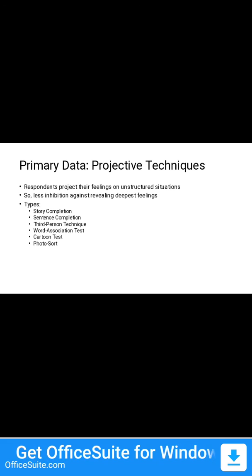The last one is called the photo sort, wherein if I want to find out how he feels after applying Dettol, I will show him 10 different pictures. One picture shows ice, for example, the other melting ice, the other picture, let us say, shows fire raging in a forest, a forest fire.